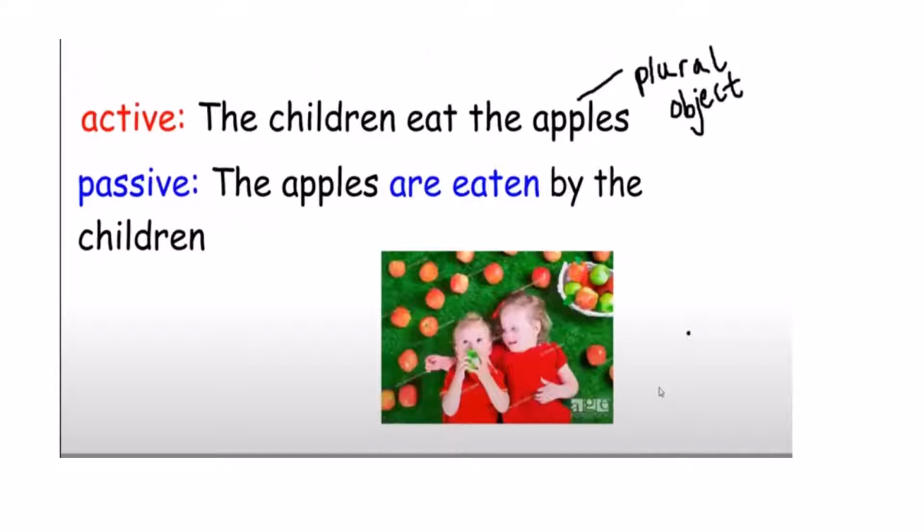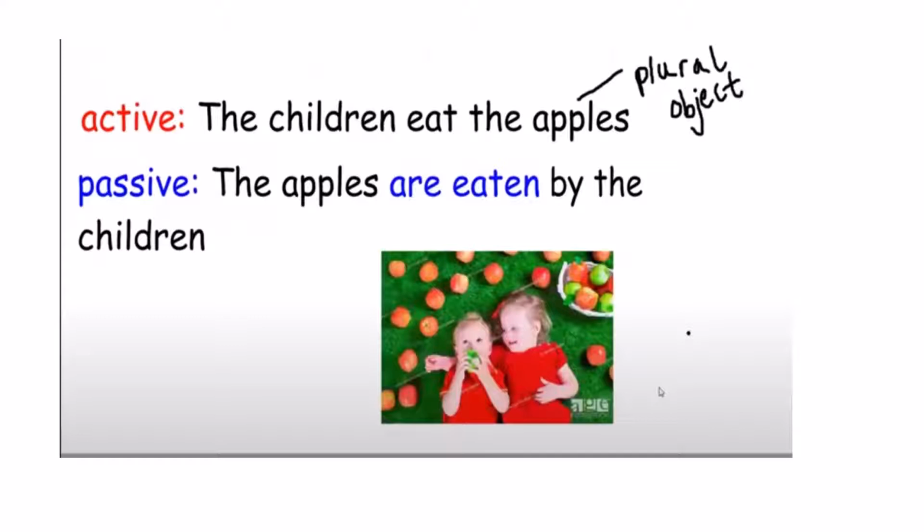So, for example, let's look at this first picture. You'll have seen in Alex's video that we had the children eat the apples, and you turn that round using the past participle. The apples are eaten by the children.